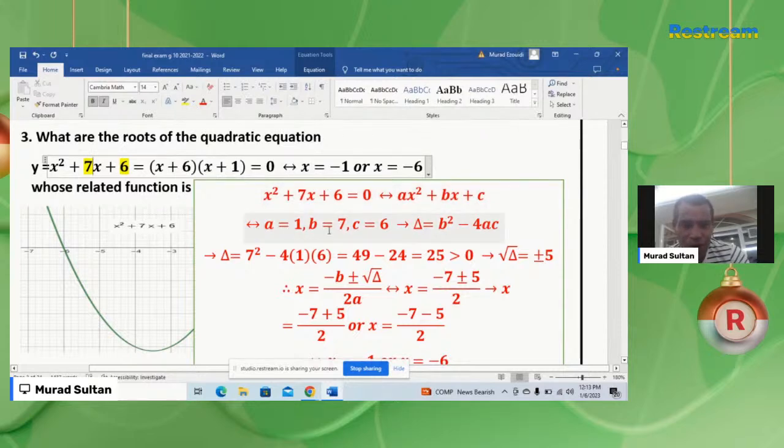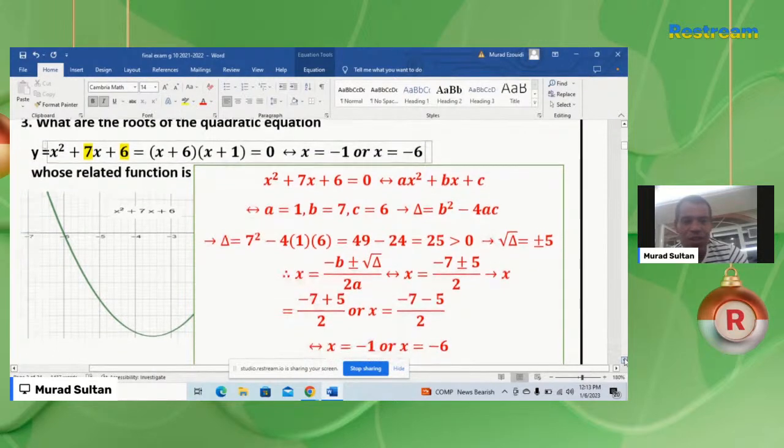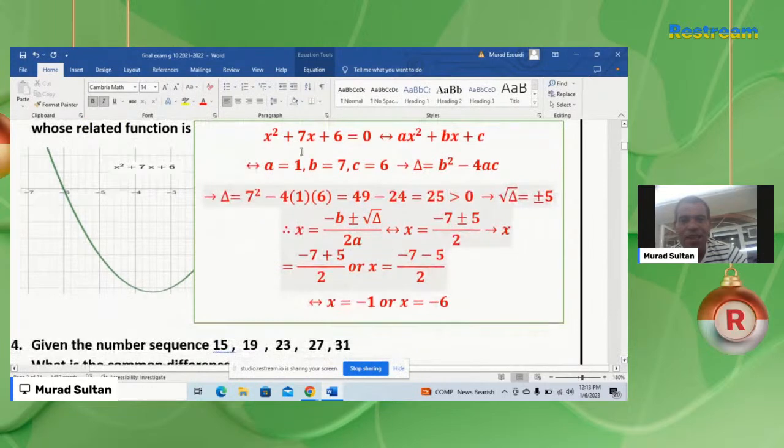Now if you are going to use the discriminant method, learners, x squared plus 7x plus 6 equals 0 is equivalent to ax squared plus bx plus c. Therefore, a is 1, b is 7, and c is 6.